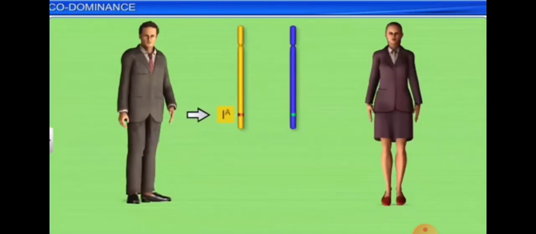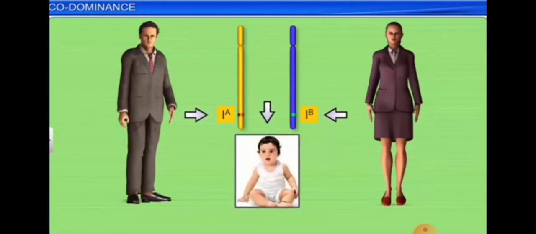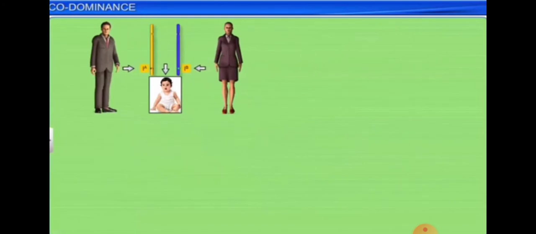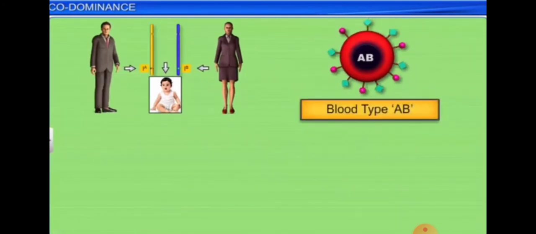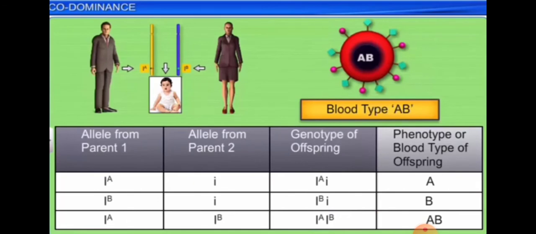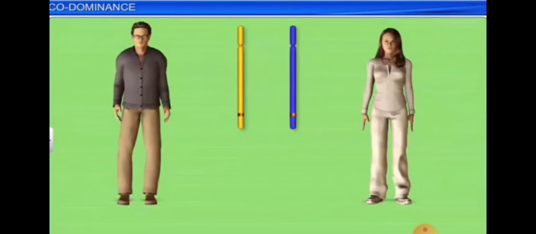However, when the allele from one parent is capital IA and from the other is capital IB, both the alleles express their own types of sugar in the offspring due to co-dominance. So, in this case, the RBCs have both A and B types of sugars in them, the genotype of the offspring is IA IB, and the phenotype of the blood group is AB.